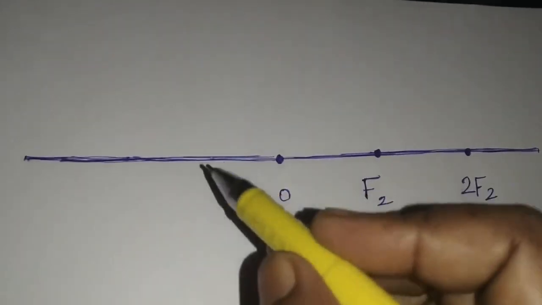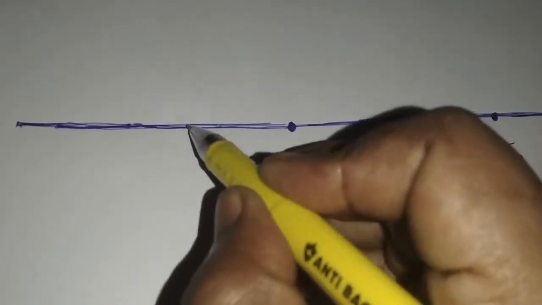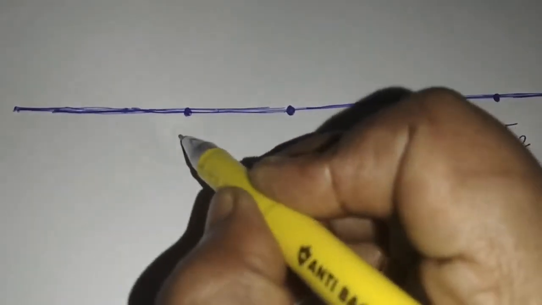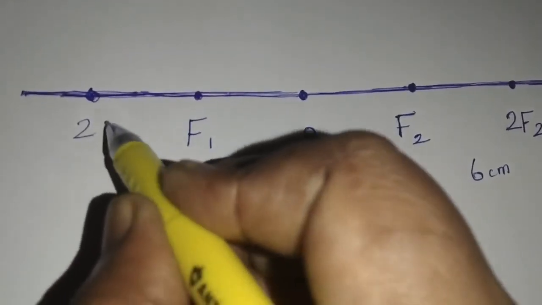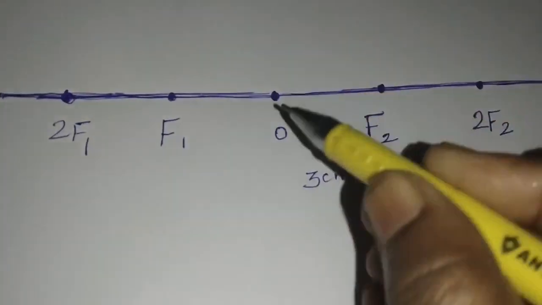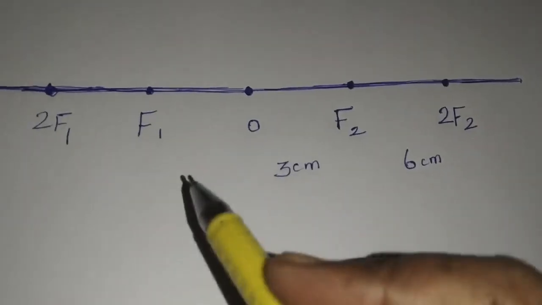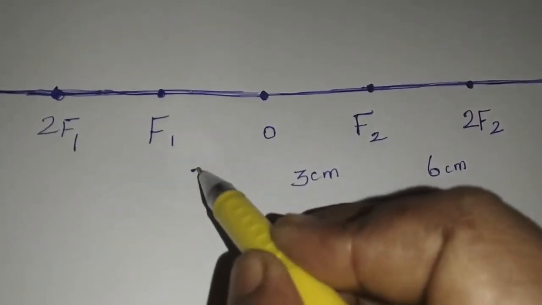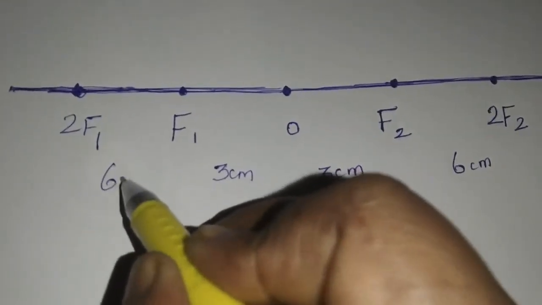Similarly on the left side, mark 2 points, F1 and 2F1, from O using the same distance, 3 centimeter, 6 centimeter.